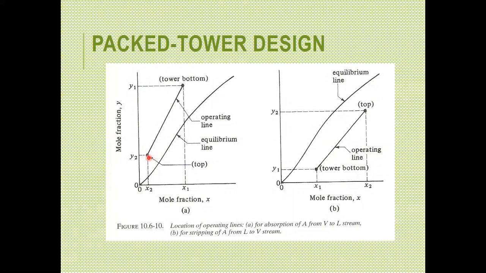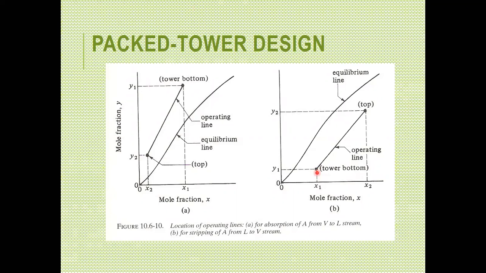So if you have the 2 points connected, you will have what we call the operating line for the gas absorption process. Just in case you have plotted it already and your line happens to be situated here or it crosses the equilibrium curve, there is something wrong with the concentrations that you have used in plotting. So you have to go over it and find where the error is.